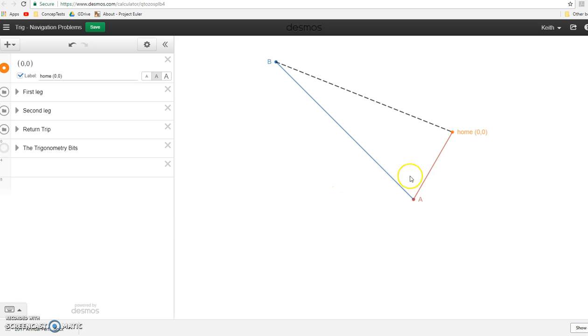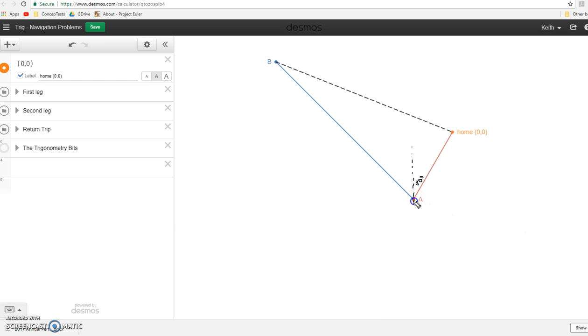And also, given the directions of the first two legs, I can actually deduce this angle included between those two sides. Right? Because if I'm going 60 degrees south of west, that actually puts, if this dotted line were to be true vertical, that would make this angle right here 30 degrees.